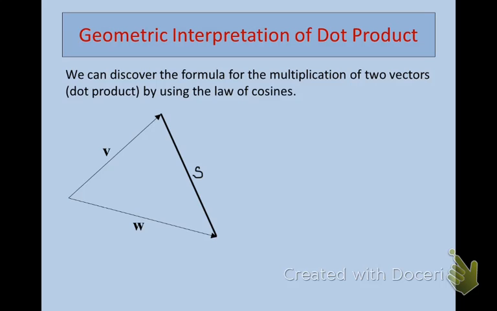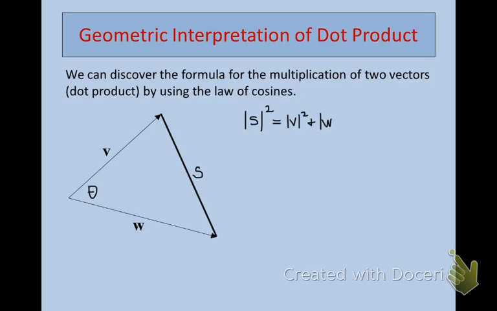So what I'm going to do here is, using the triangle, write out the law of cosines with that angle theta between the two given vectors. The law of cosines says that the distance of the opposite side, which happens to be s, the magnitude of s, squared equals the magnitude of v squared plus the magnitude of w squared.